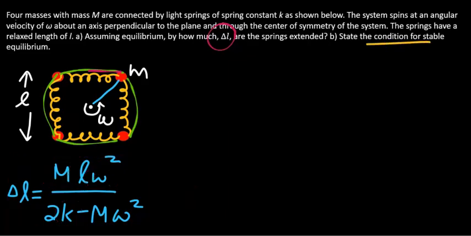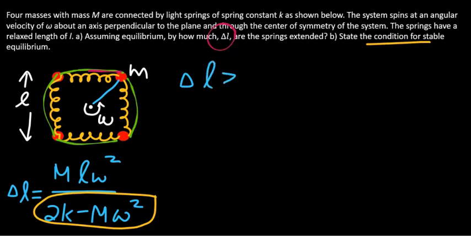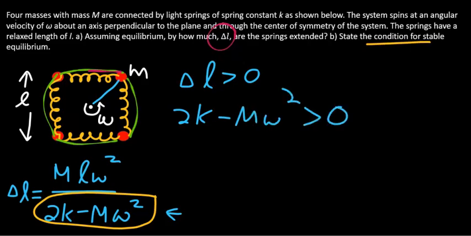Part B, state the condition for stable equilibrium. The condition comes from the denominator of this expression. Now we note that the extended length has got to be positive, and of course it cannot be 0. So you can set 2k minus m omega squared to be greater than 0.